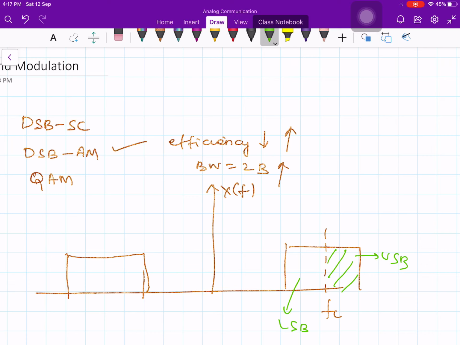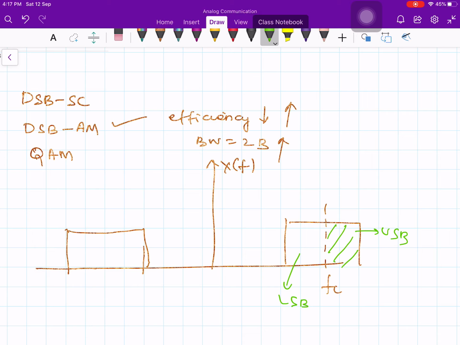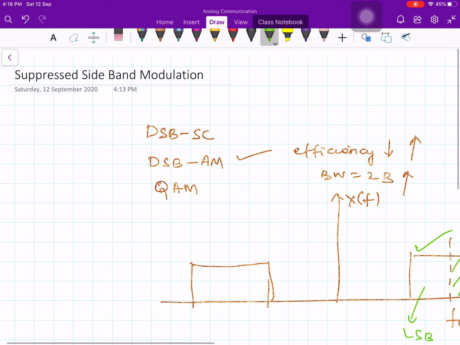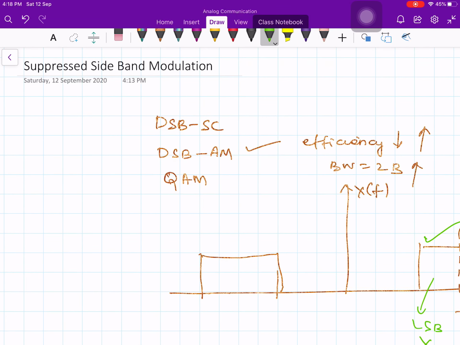Now in terms of information content, both your upper sideband and lower sideband carry the same information. So there is no need to transmit both the sidebands. Either you transmit the upper sideband and remove the lower sideband, or transmit the lower sideband and remove the upper sideband. So this type of modulation is called suppressed sideband modulation.